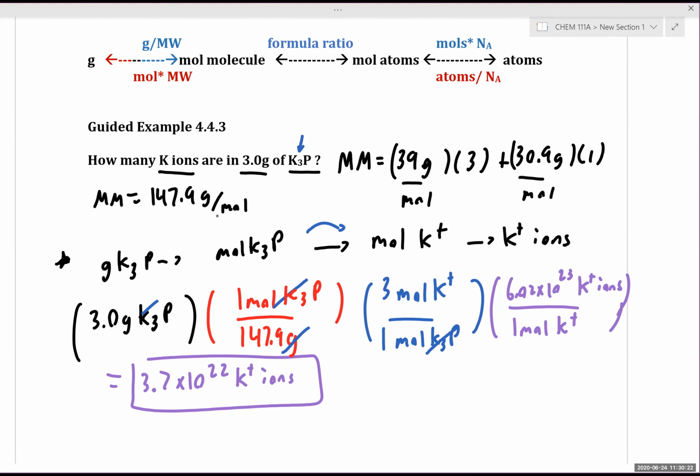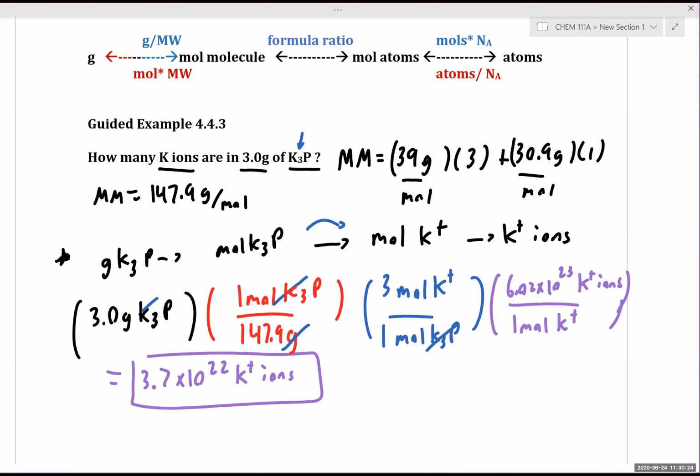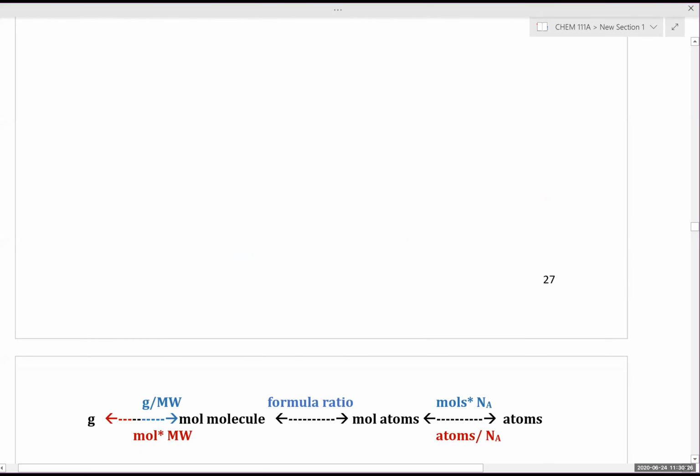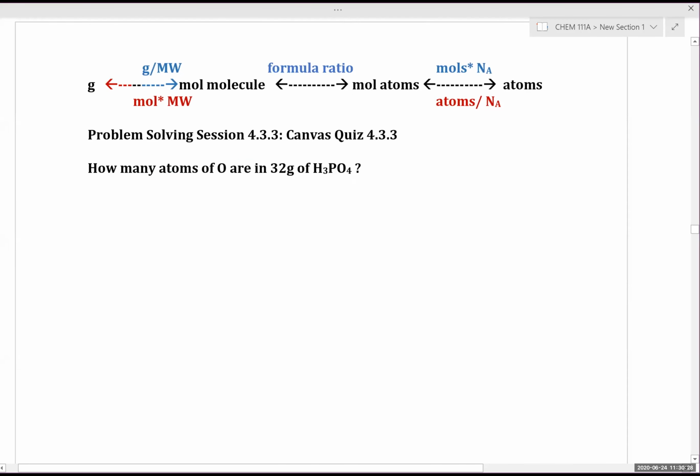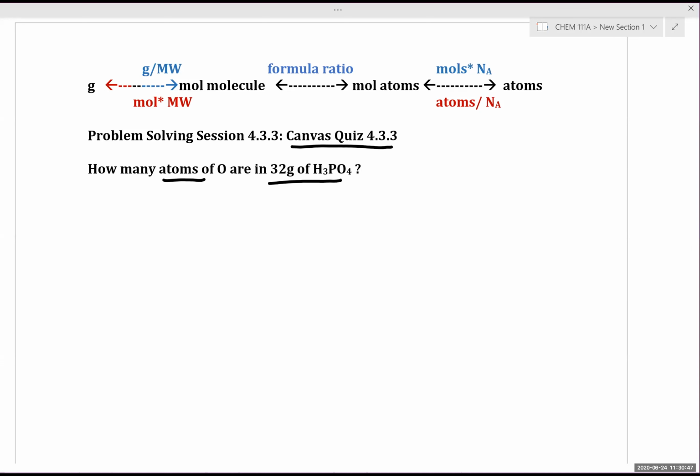So, if there aren't any questions, let's now try to apply what we've learned to the following example. This can be answered in the chat, or you can submit your responses via Canvas quiz 4.3.3. I'd like you to calculate how many atoms of oxygen are in 32 grams of phosphoric acid. We'll discuss this example in about 4 minutes.